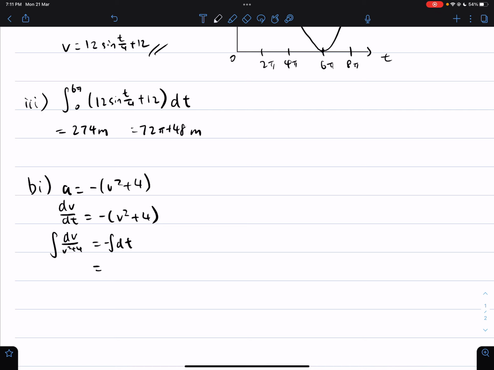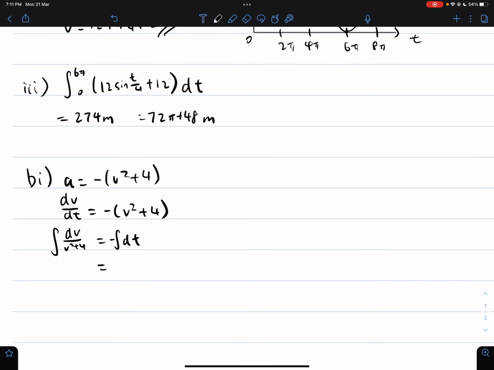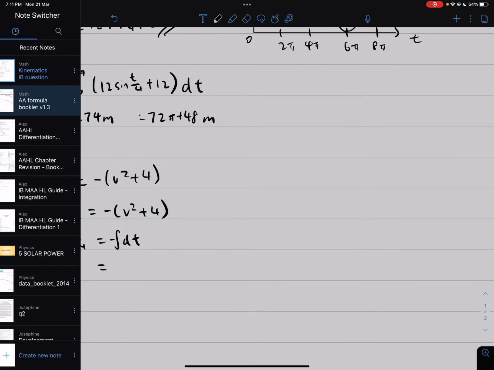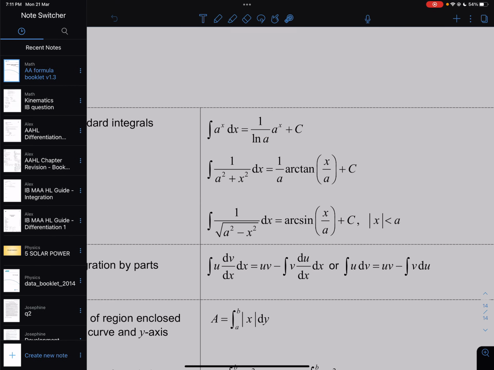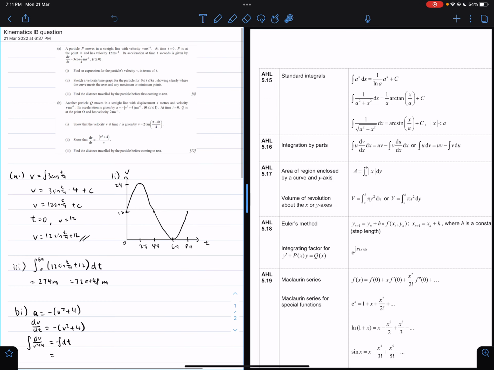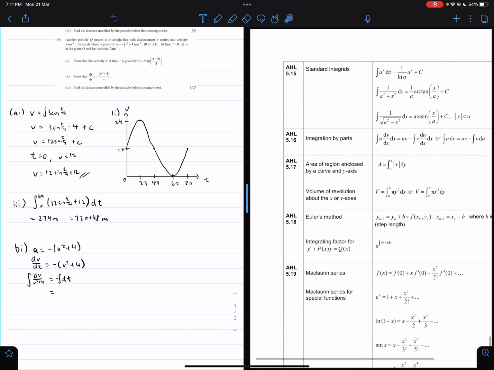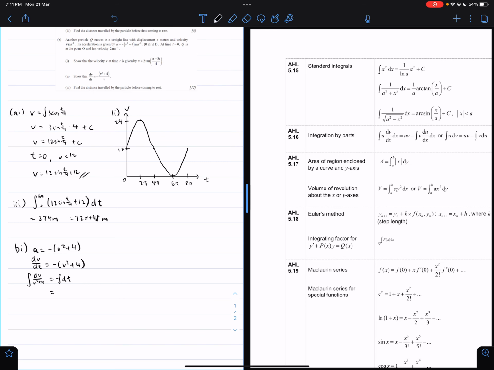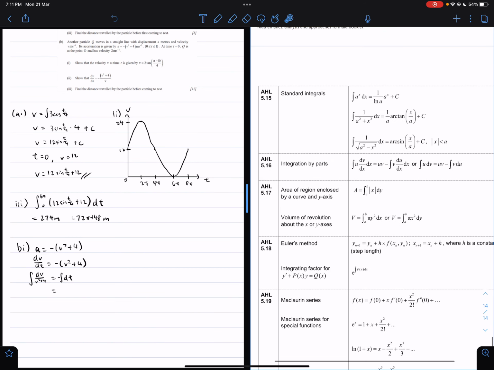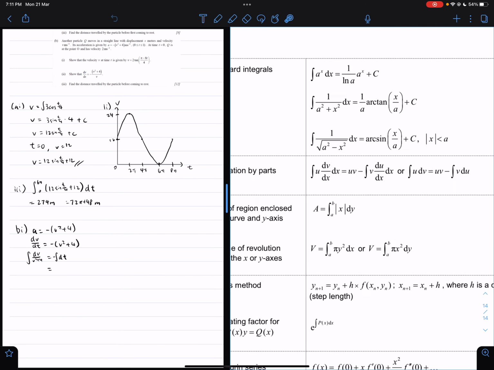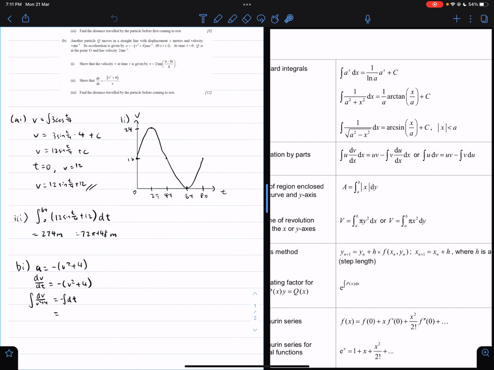Okay, so let's first do the integral on the left. We have to first recognize that this is actually one of the standard integrals from the data booklet, and you can see it comes in this form. Let's put them side by side to do a comparison, and we can see that it's 1 over v squared plus 4, which matches the second form.